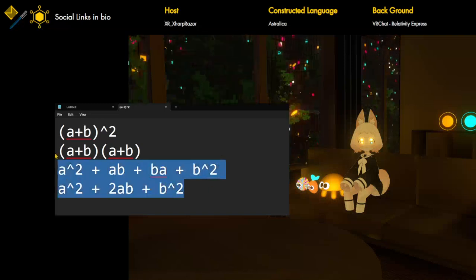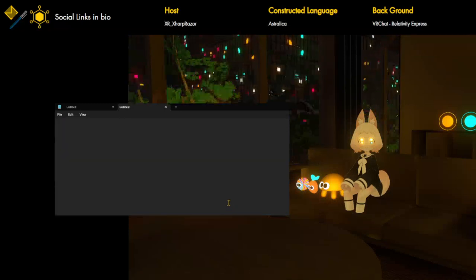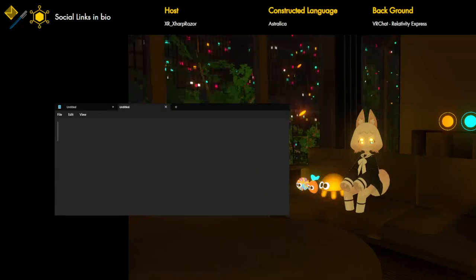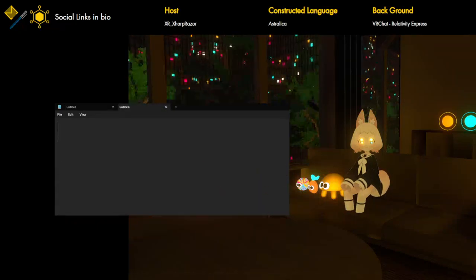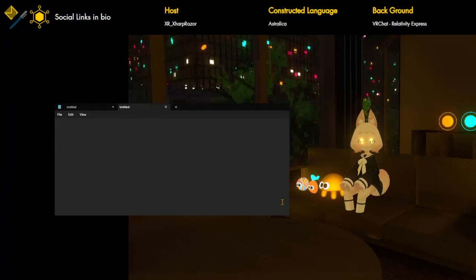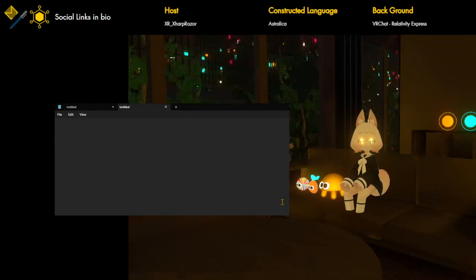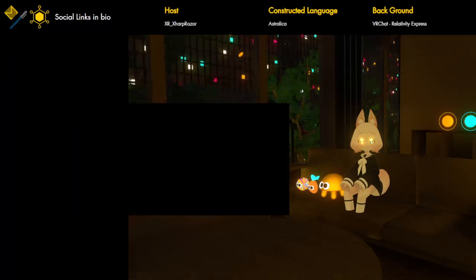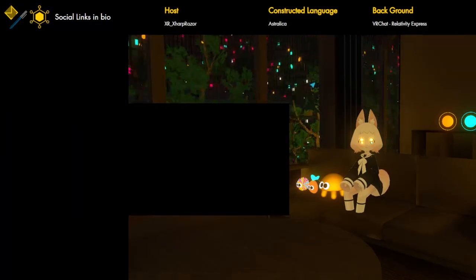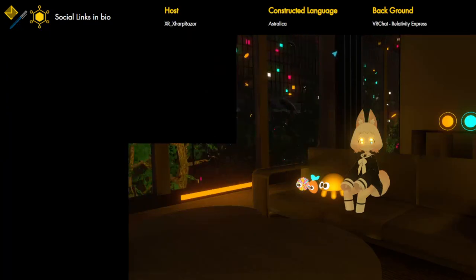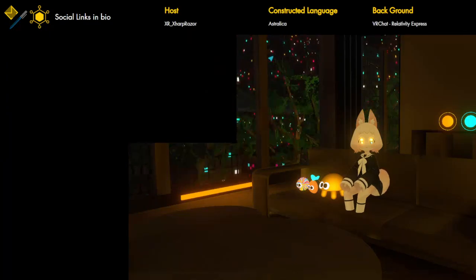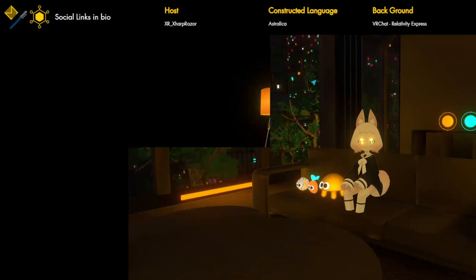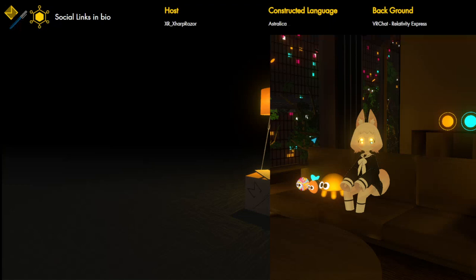That is one of the things Astralica is trying to achieve: it follows certain rules, so at least you can start to guess and try to derive it at some point. Astralica started and is still going on until now since 2020.